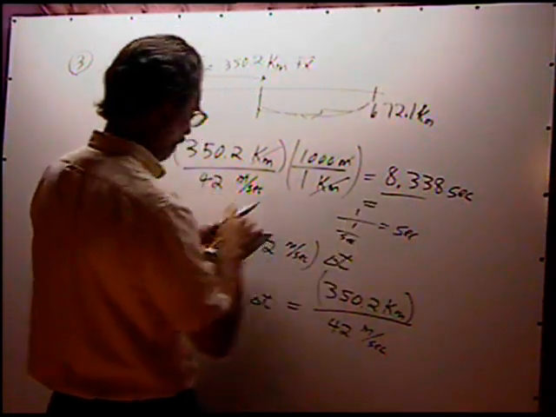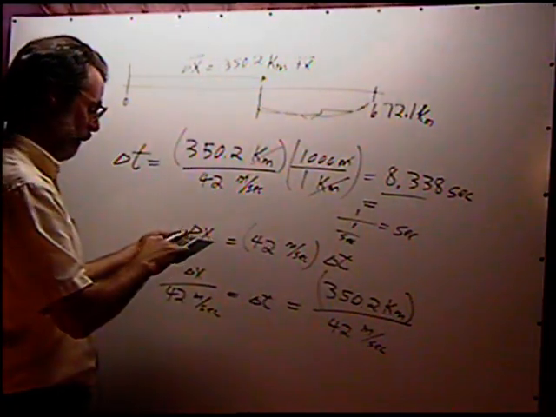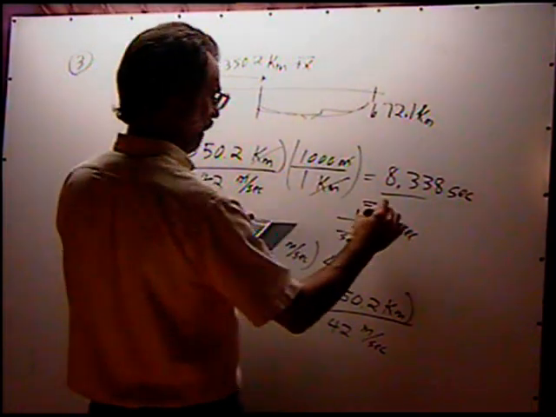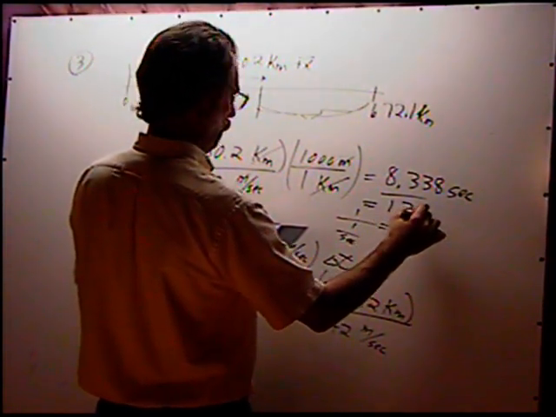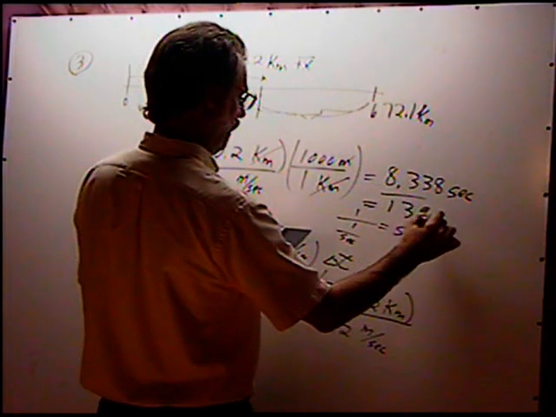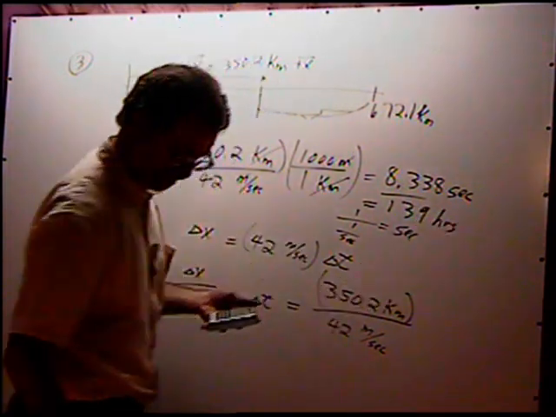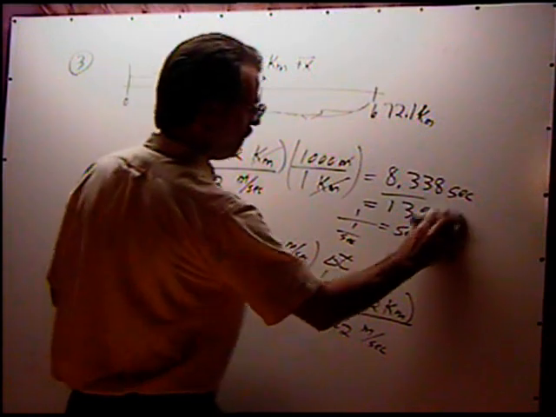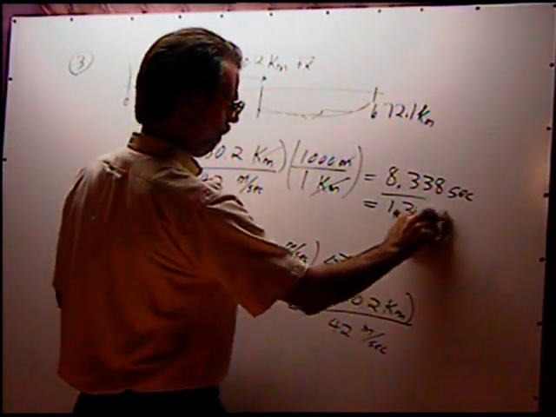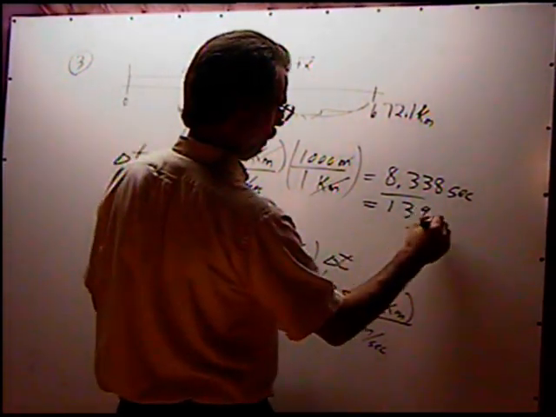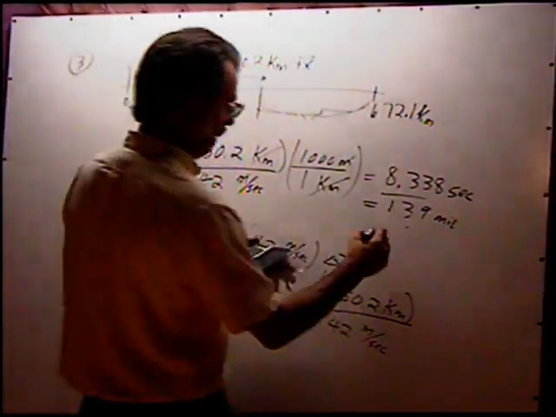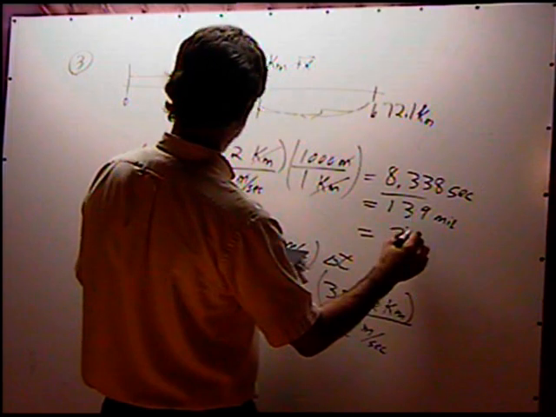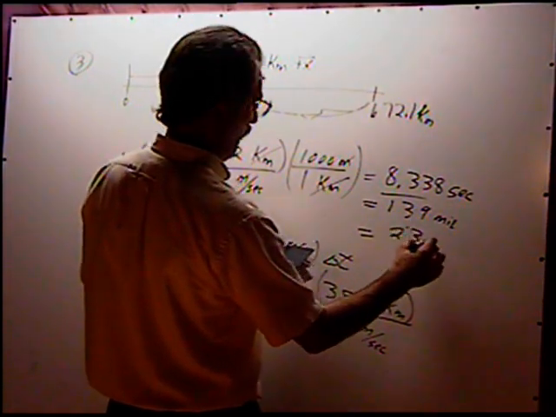And if we divide that by 60, that's 130, we'll call it 139 minutes. Excuse me, minutes. If we divide it by another 60, that's 2.3 hours.